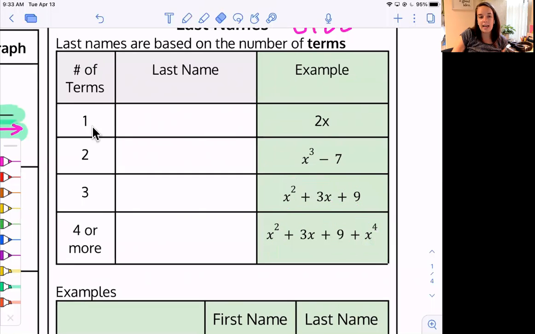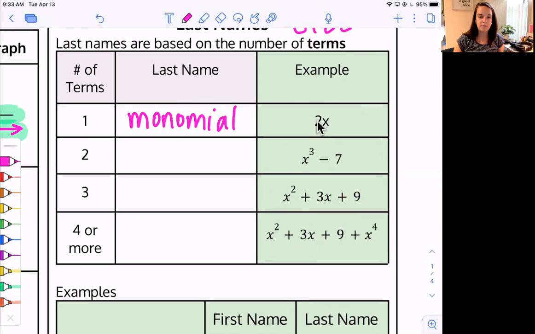So if I get mono, I have to be all by myself, right? If you just have one term, this is called a monomial. I know these are fun words, they're super fun today. Monomial. Turn to your baby sister and say, monomial. Sounds like a baby word, huh?